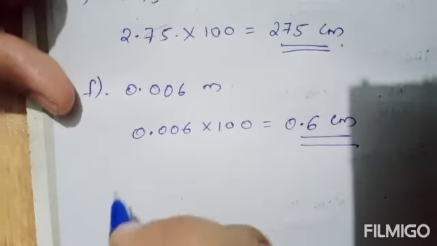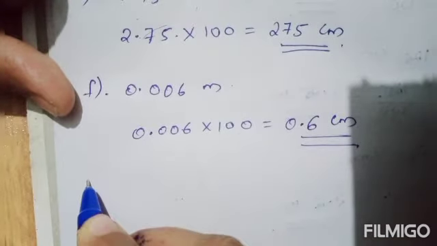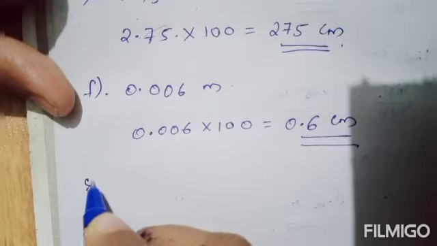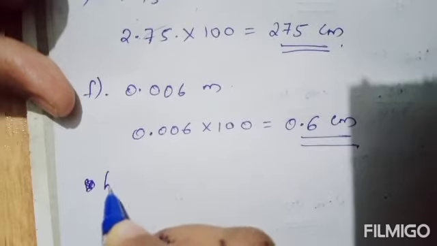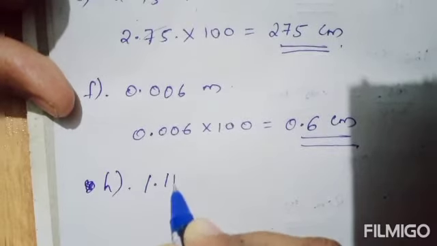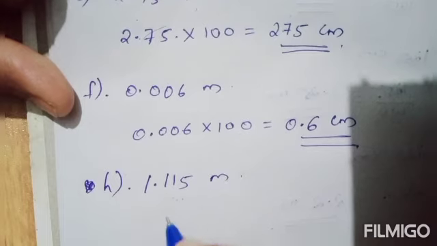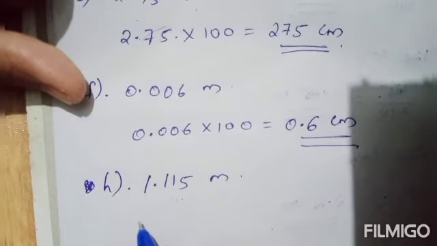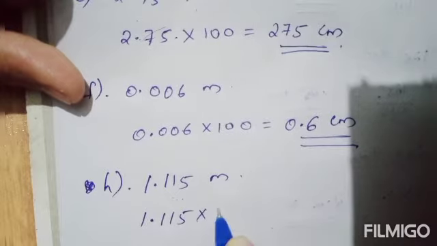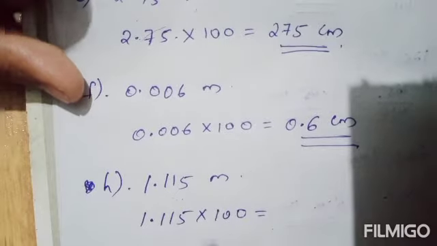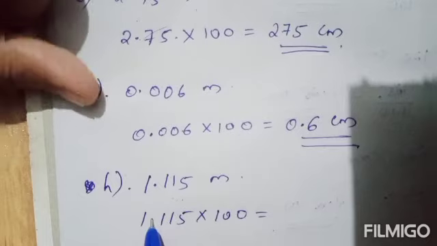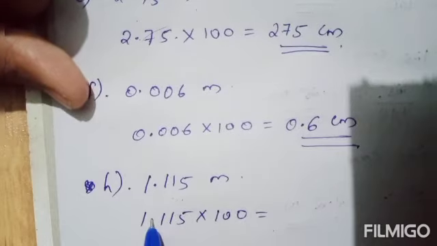Okay. Next, in that H, 1.115 meter. So in order to express meter in centimeter, what to do? Just multiply by 100. So 1.115 into 100, what will you get? The decimal point will move 2 places to the right.